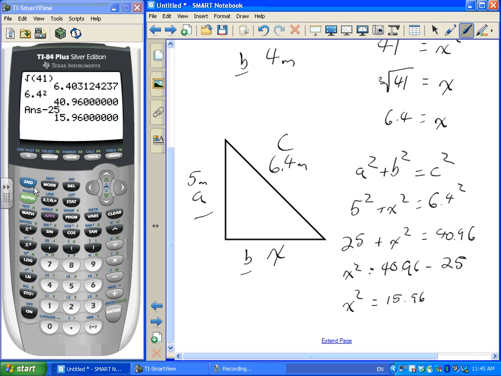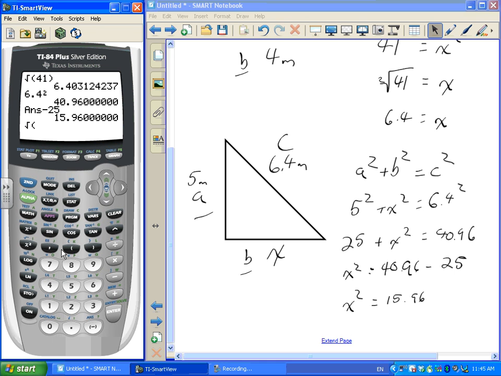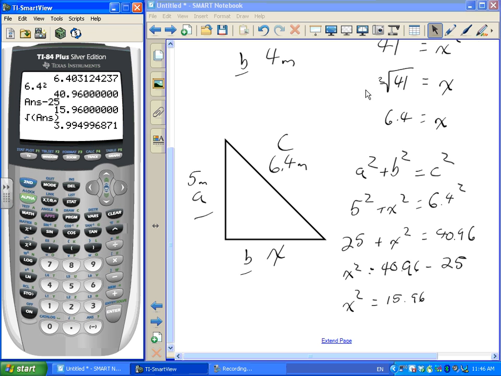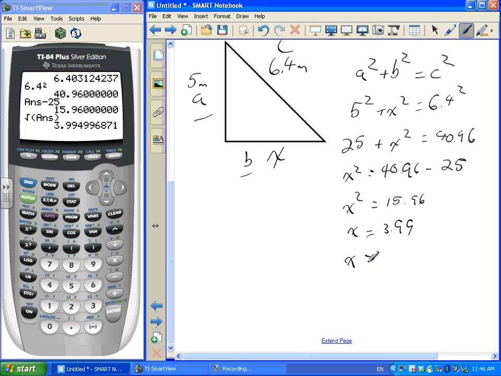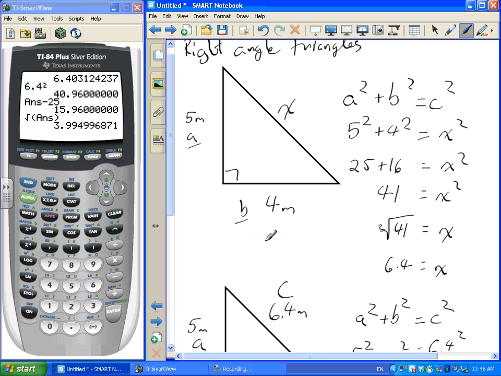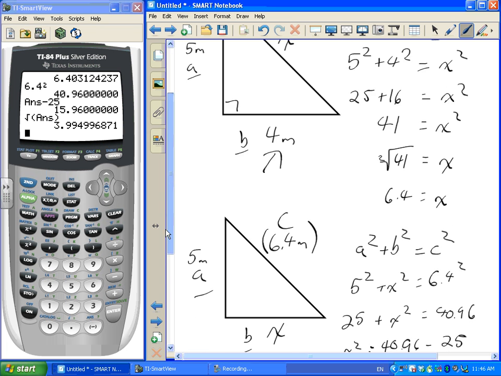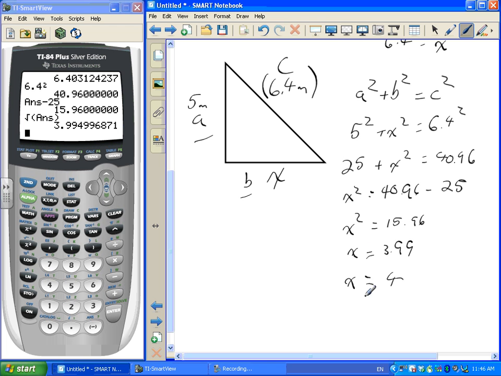And if I square root that number, we get 3.99999, which is going to round to 4. Now, if you guys notice, it didn't give us exactly 4, even though above we knew that b was going to be 4. That's because I had rounded the c. The square root of 41 is actually 6.4 and on and on. So because I rounded, you guys notice it's a little different. So this is approximately 4 meters long.